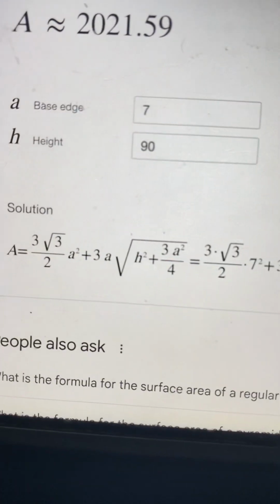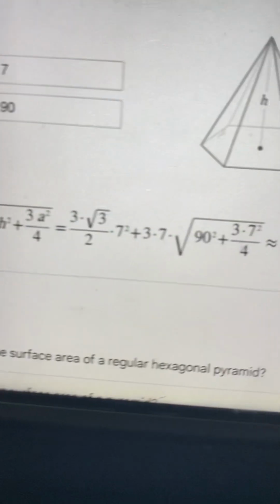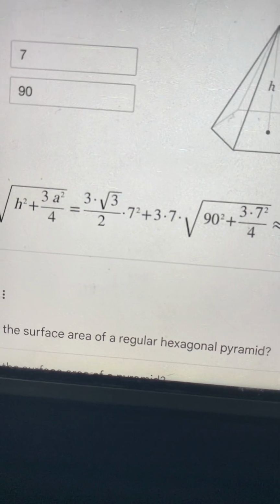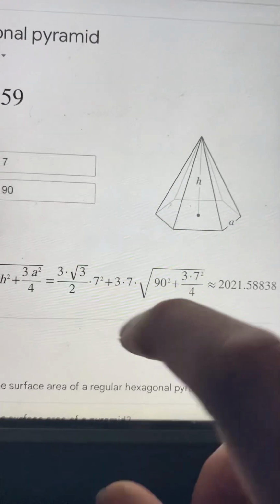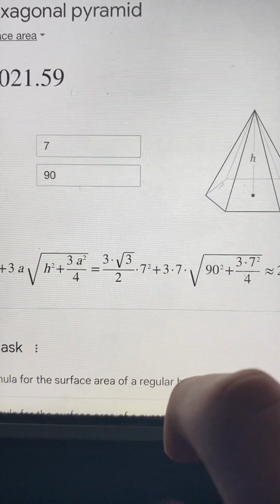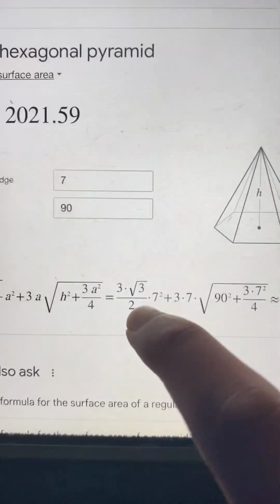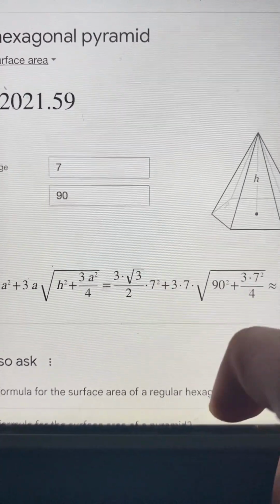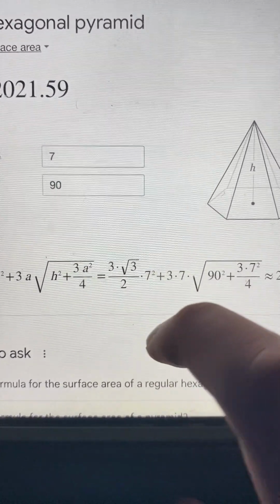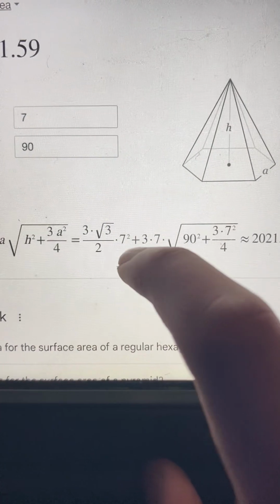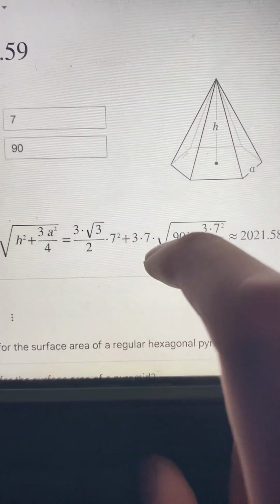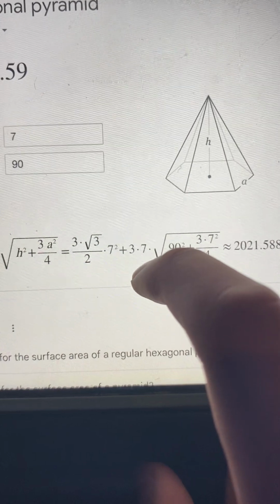Anyways, over here, we could see this is very, very complicated. But in case you want to know, 3 times the square root of 3, I don't know what that is, but if we multiply them together and divide that by 2, we should get an answer. 7 times 7 is 49, plus 3 times 7 is 21.